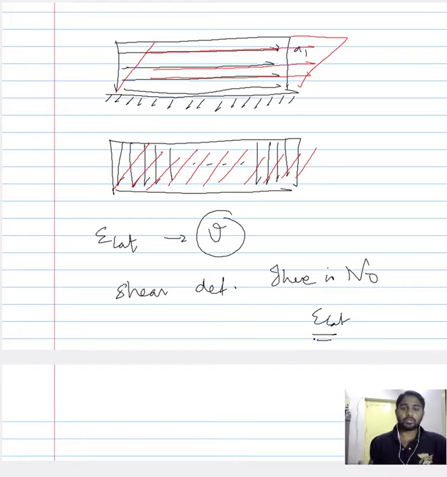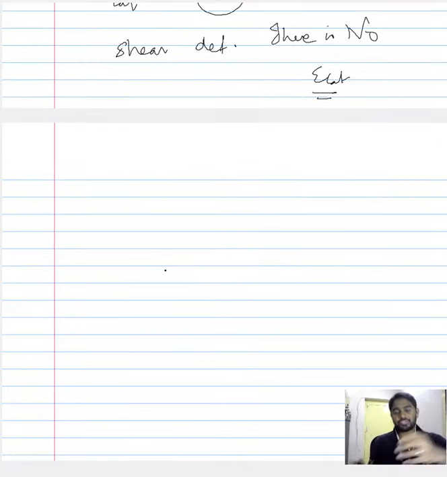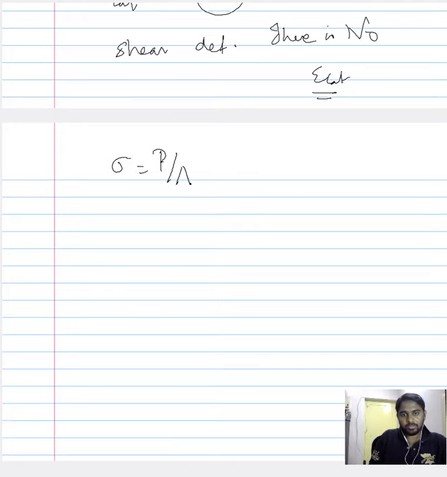Now let us try to quantify the mechanical conditions that are involved during the shear deformation. We have done that with respect to the tensile and compression loading. We will try to do the same for the shear loading condition. We will try to quantify the mechanical condition for the shear deformations that we see. So in case of compression and tensile loading, we quantified the mechanical condition as stress, which is the ratio of load with respect to the cross-sectional area of the material.